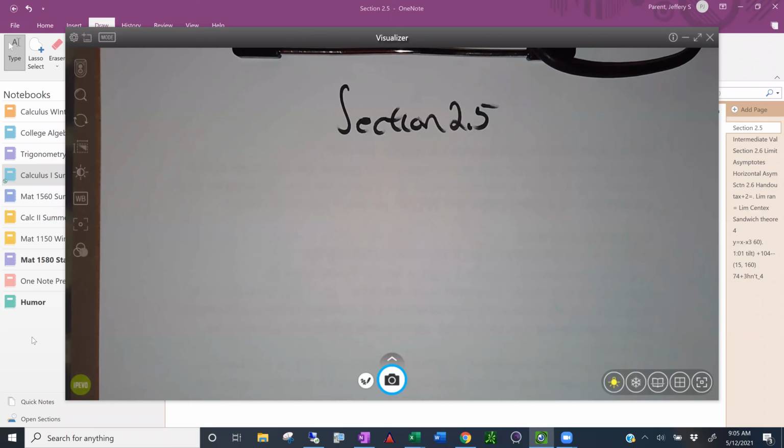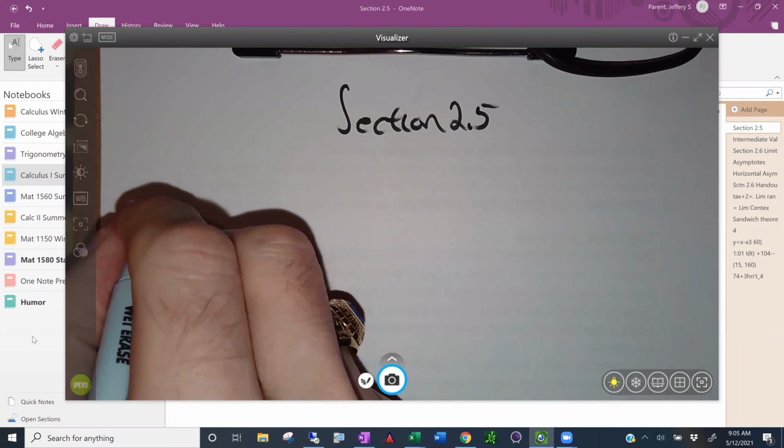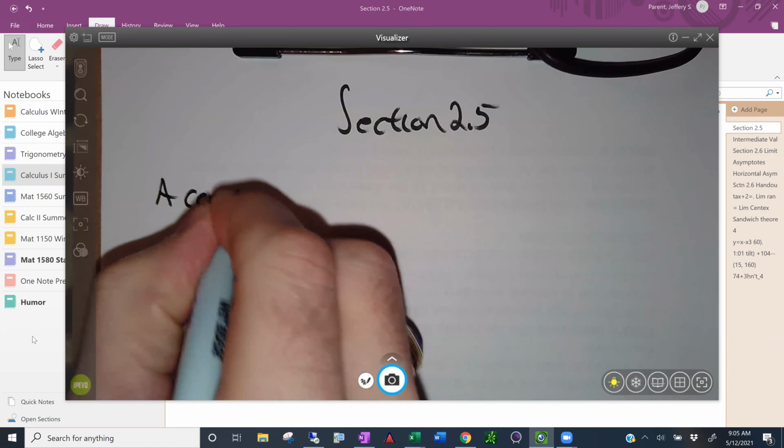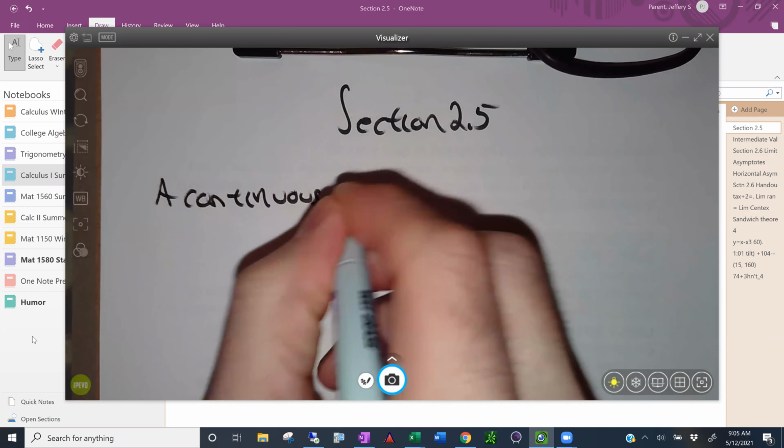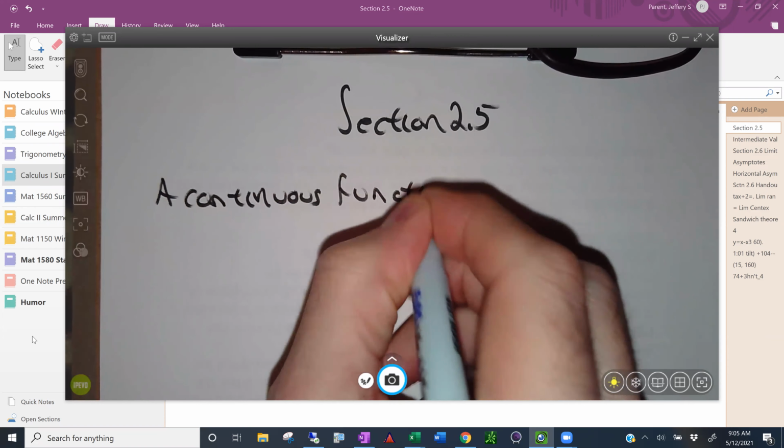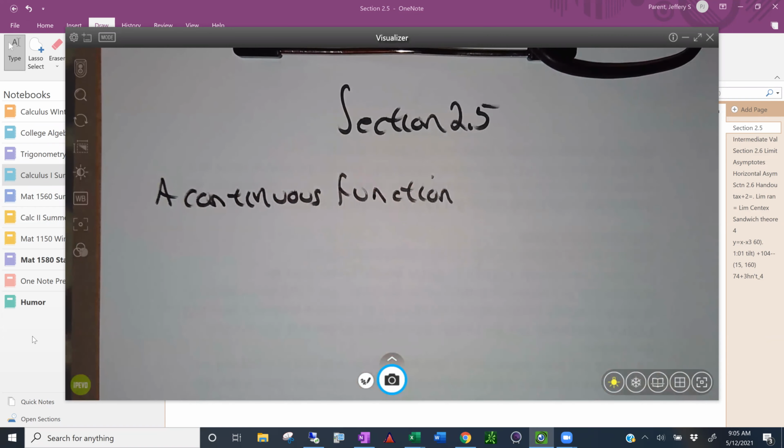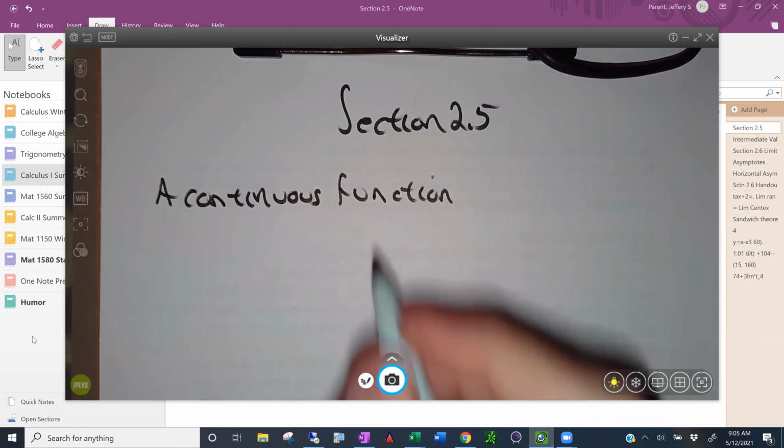So section 2.5 asks you to understand a little bit about continuity. Now, if you wanted a nice general definition, a continuous function can be drawn without lifting your pen from the paper.